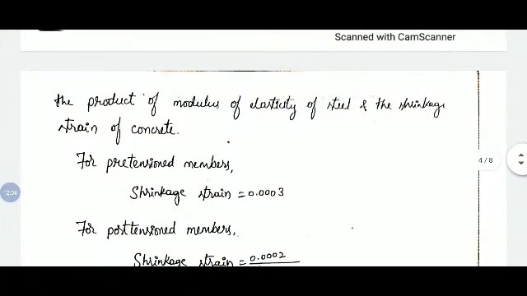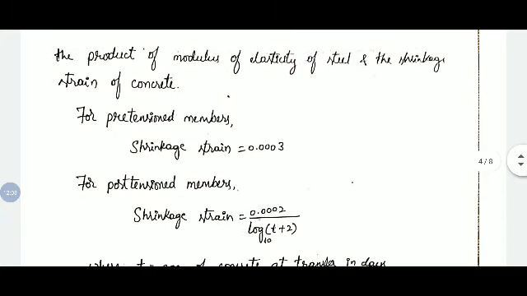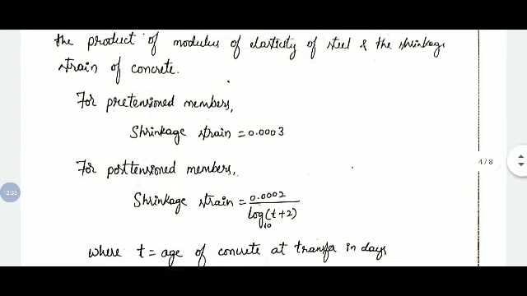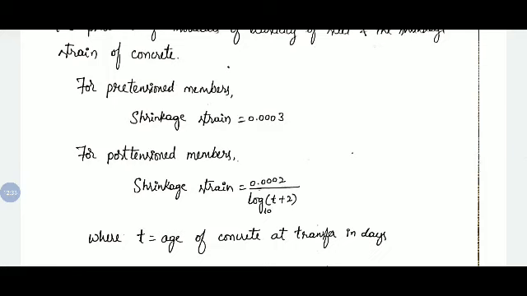As per that, we have two direct values for shrinkage strain in the steel. If we are calculating for pre-tensioned members, we will directly consider shrinkage strain as 0.0003, and if we are calculating for post-tension members, it is 0.0002 by log of (T plus 2) to the base 10.